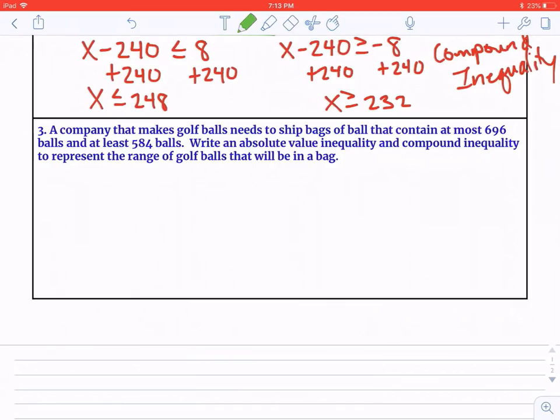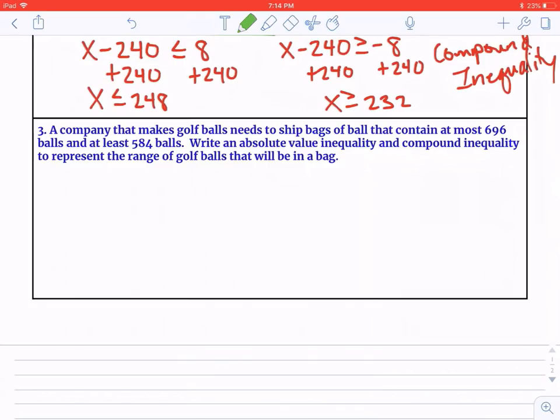Number 3 says a company that makes golf balls needs to ship bags of balls that contain at most 696 balls and at least 584 balls. Write an absolute value inequality and compound inequality to represent the range of golf balls that will be in a bag.